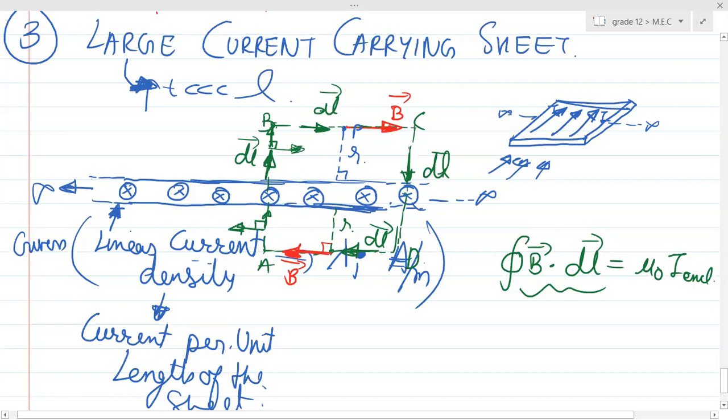For part CD it will become 0 again, same thing: magnetic field, dl vector, magnetic field. So for CD also it will become 0. Only what will remain? BC and DA. Is this clear, guys?